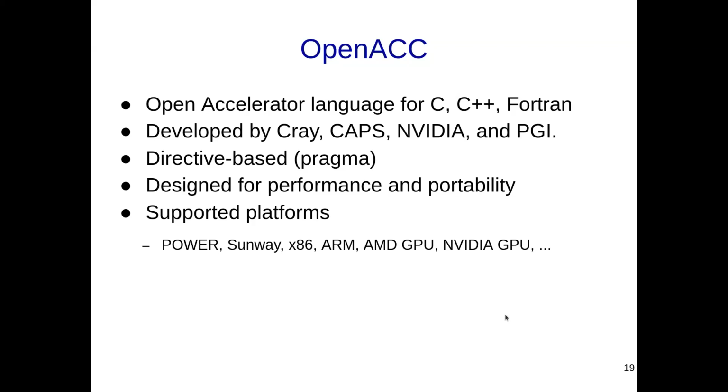So therefore, with that motivation, can we meet the performance? I mean, we will meet the productivity goal because you'll be able to write just a few pragmas and you should be able to parallelize your code. So that was all right, but then can we meet the performance aspects of the manually crafted codes? Right. So that was one of the main challenges.